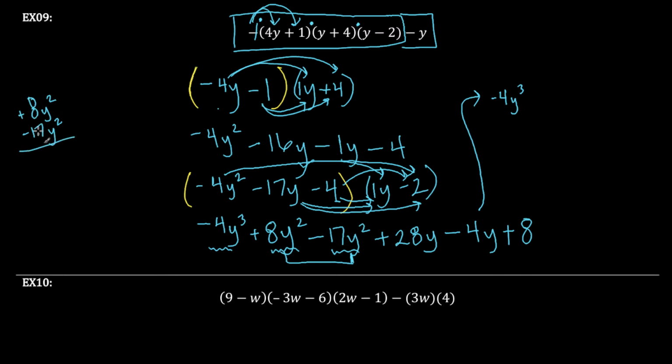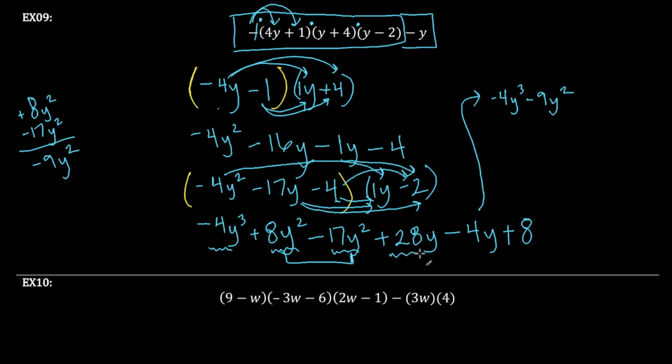8 minus, so there's a difference of 17 and 8. That would be 9, but there's more negatives. So I was trying to figure out how to explain that. So a negative 9y squared. So 8 minus 17. This is probably the easiest way you can think about it. That's why I always write it like this. 8 minus 17 is 9. And we have more negatives. So negative 9y squared.